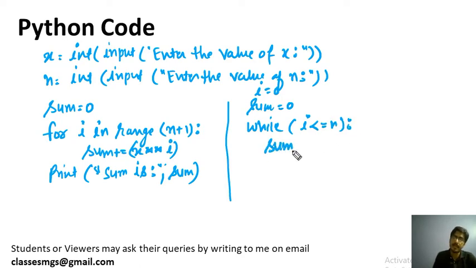Some students are comfortable with while loops, so I am writing this x double star i, and then at the end of the line I need to increment this by applying i plus plus, or you may write i equals to i plus 1. Otherwise this loop will be infinite. Print the sum.